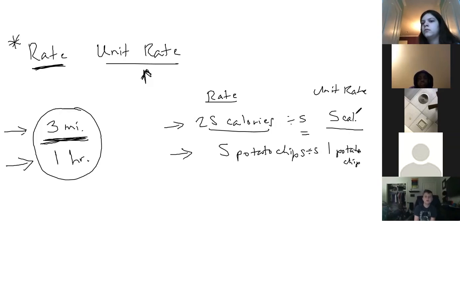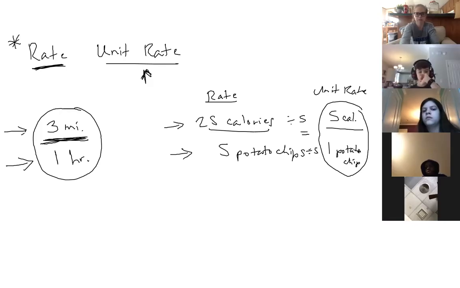So my unit rate is, well, if I eat 1 potato chip, I just gained 5 calories. So therefore, if I eat 5 potato chips, I just ate 25 calories. Do y'all see the difference between a rate and a unit rate? Questions over rate and unit rate?